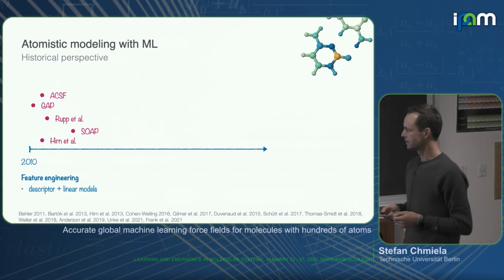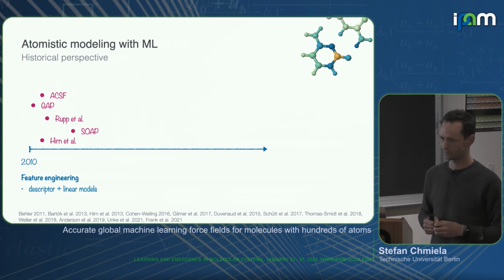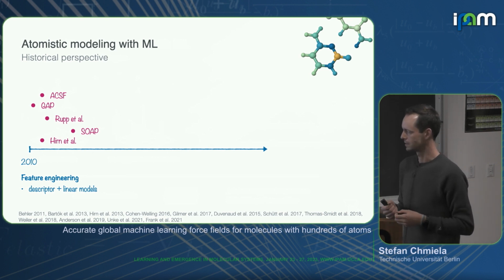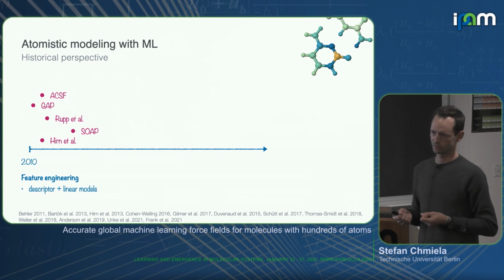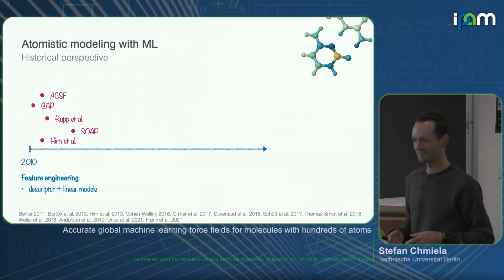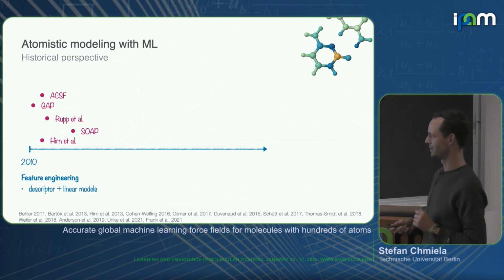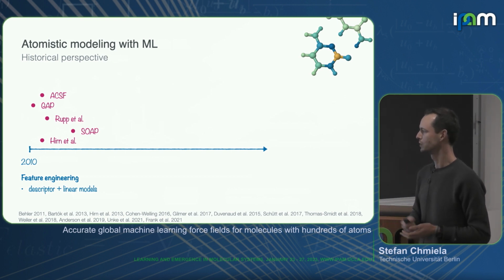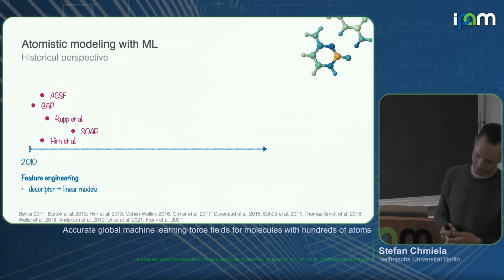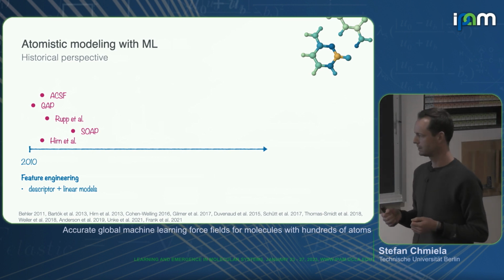Okay, so before I get started, I would like to propose a little historical perspective on how the field of atomistic modeling or force field reconstruction in particular developed. And of course, this is a very simplified historical view. It's one of many, but bear with me here. So it all began around 2010, when people started to see the appeal of using machine learning models for this application.